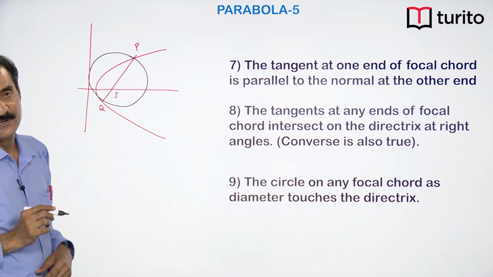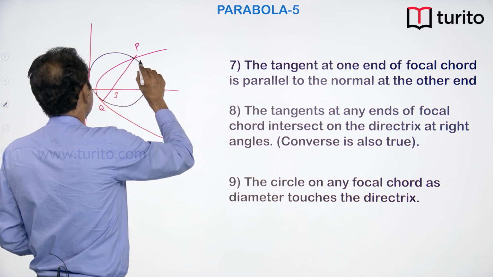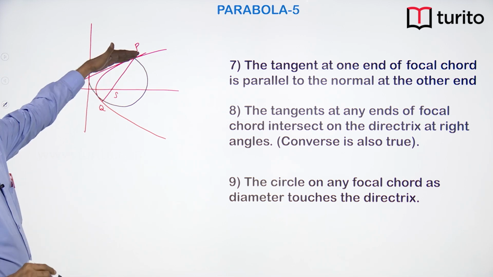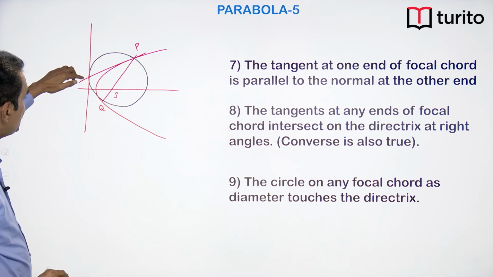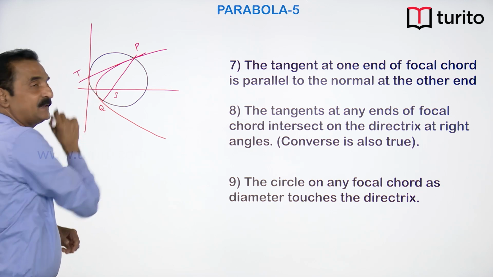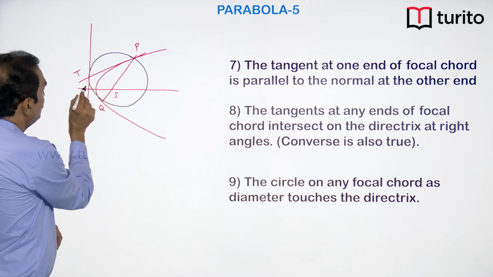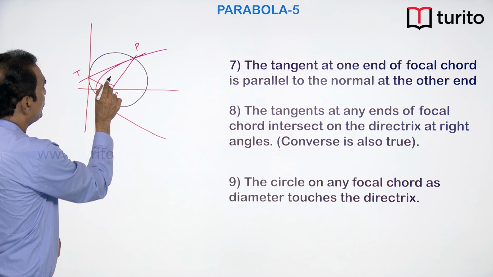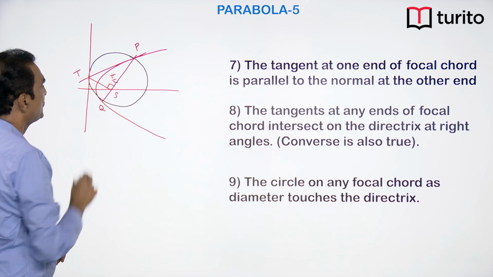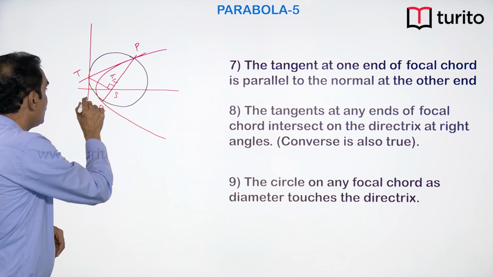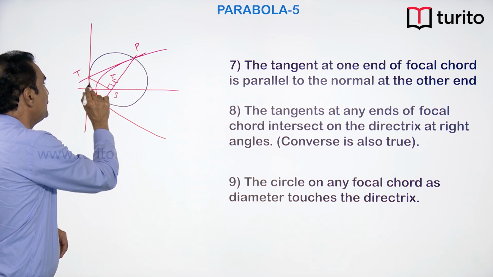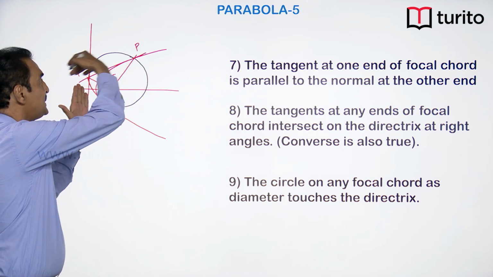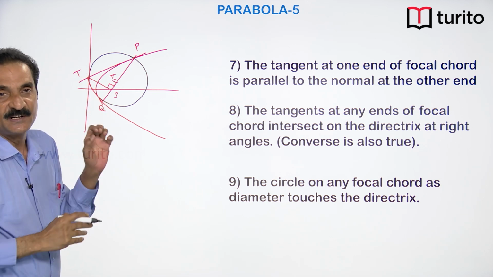Okay. How to prove it? We know that if the tangent at P intersects the directrix at T, we have already discussed that this angle is pi by 2, and if you draw tangent at Q, it will also intersect the directrix at T only, because if tangents intersect on the directrix, they intersect at right angles.